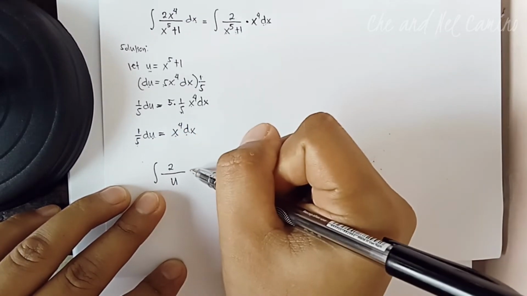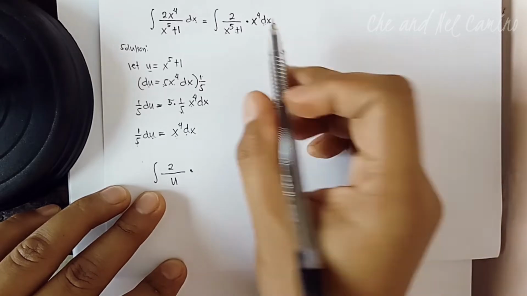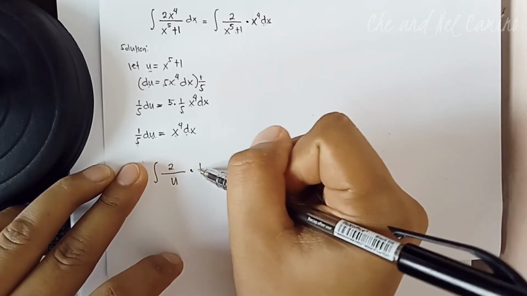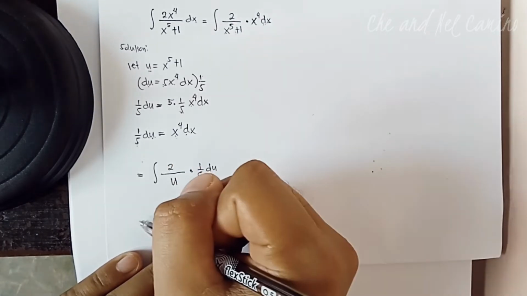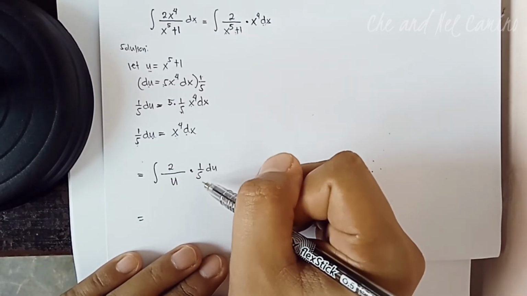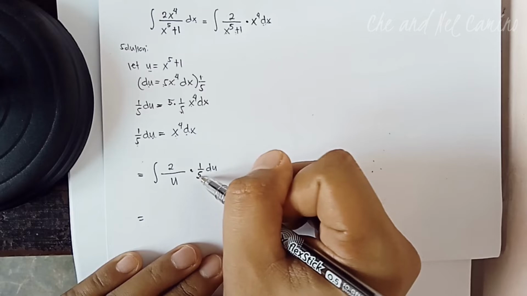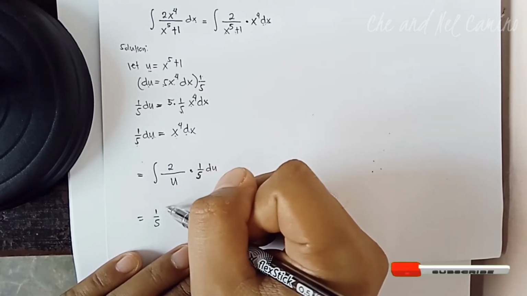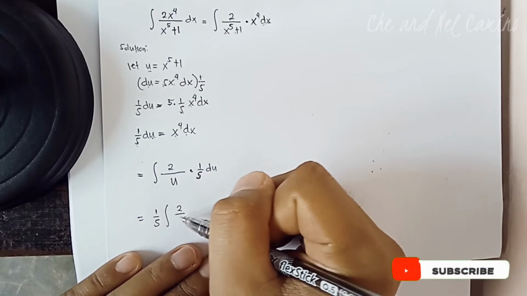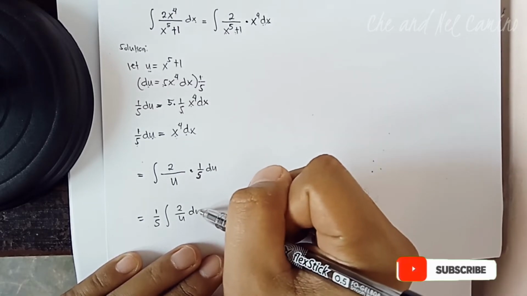So we will replace x to the power of 4 dx by 1 over 5 du. Same procedure, we will pull out this 1 over 5, then place it here and copy. So we have 2 all over u, copy du.